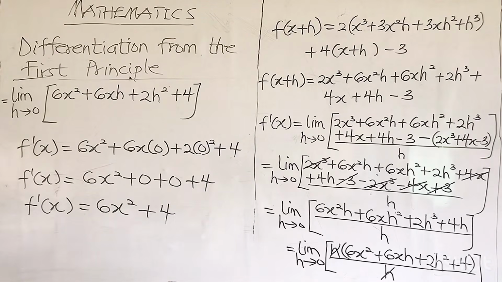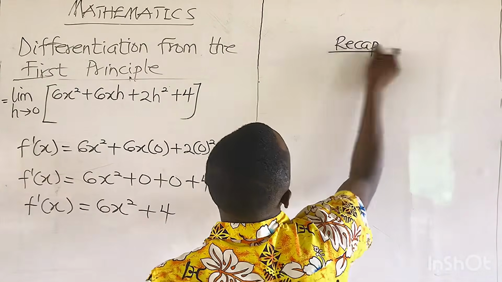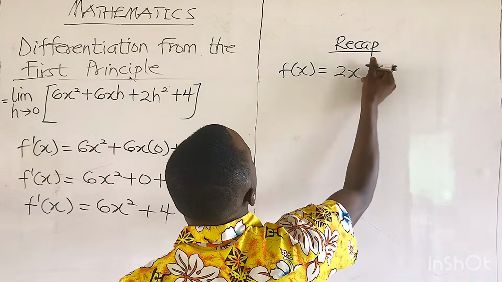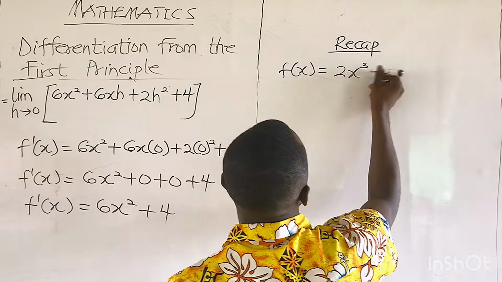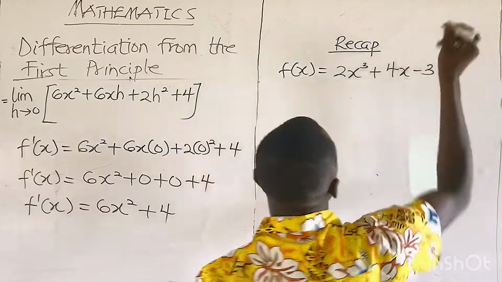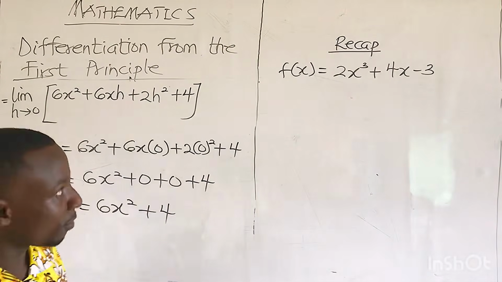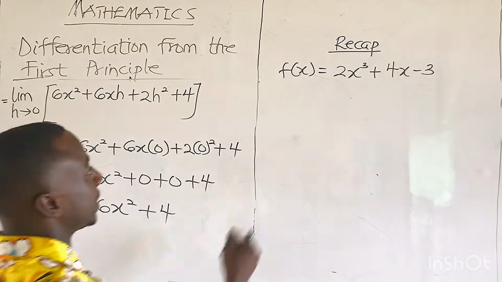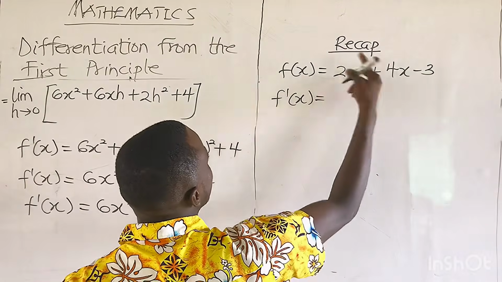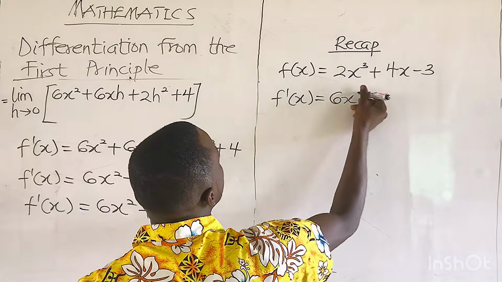Now, let's do a little recap. With a recap, the question was f of x is equal to 2x cubed plus 4x minus 3. This was the question. Differentiate from the normal perspective. We have f prime of x is equal to 3 times 2, we have 6. Reduce the exponent by one, we have squared.